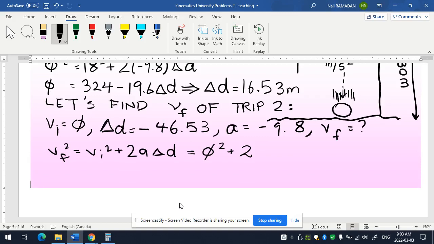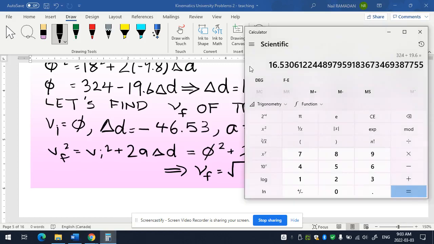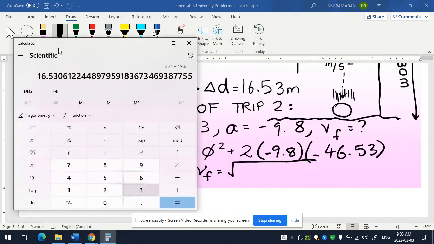Perfect. So 2 times negative 9.8 times negative 46.53. So that implies that Vf equals the square root of, well, whatever we get here. Obviously, I'm not going to put negatives because I already know they canceled each other.